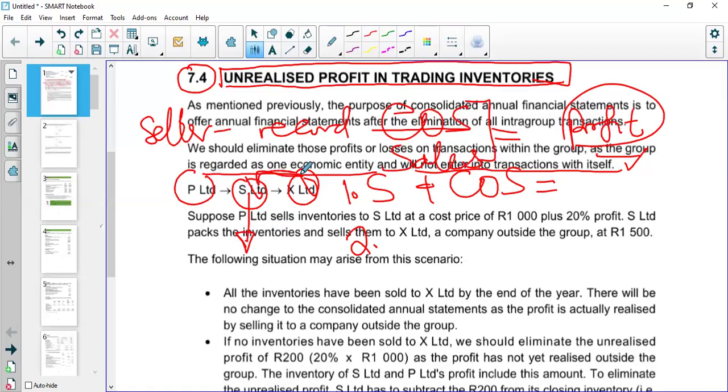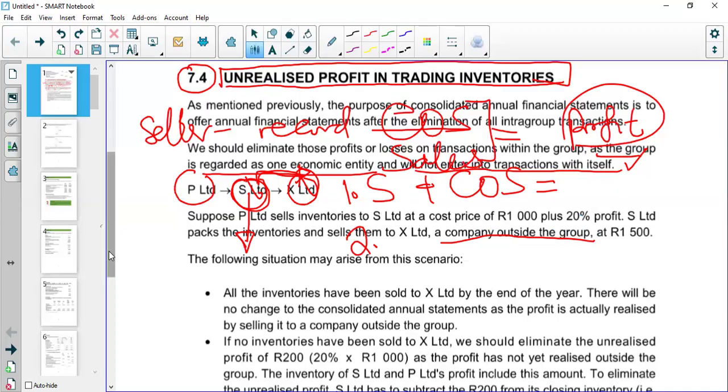Because it's selling to an external party, a third party. So the only entity that should record the sale is the entity that eventually sells to a company outside the group. The moment they sell it outside the group, then they can record the sales and the cost of sales.